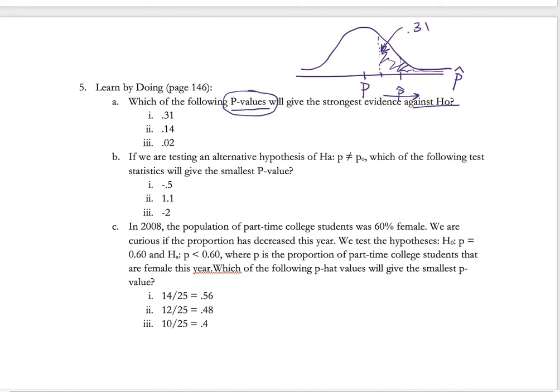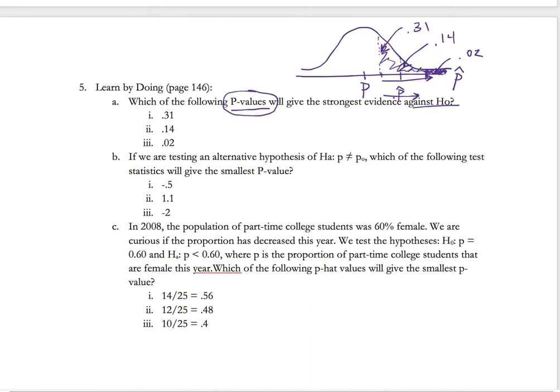So from here, our area outside would be 0.14, and then a p-value of 0.02, well, that's an even smaller area. Maybe that would only be that tiny little bit out there. As the areas get smaller, as the p-values get smaller, the possible location for our p-hat value moves further and further to the right.